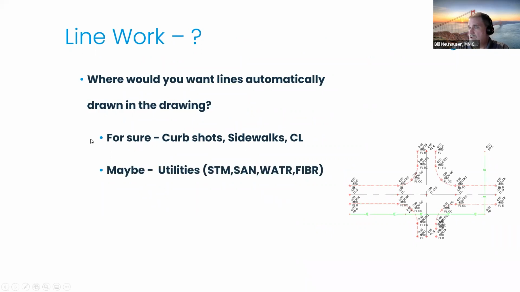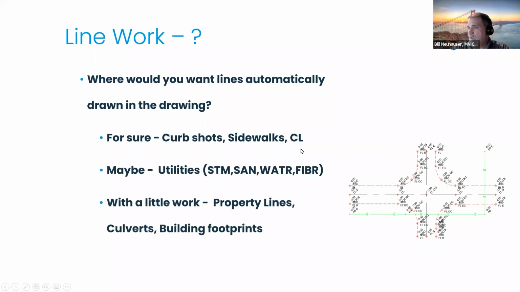So you see here, for sure, it's going to be curb shots, sidewalks, center lines, maybe utilities, sanitary, storm, fiber optics, that type of thing. With a little work, we can do these extra things here: property lines, culverts, building footprints. Don't see that too much anymore, building footprints, mostly because we have such easy access to aerial photos. We can usually get that stuff off the aerials. So it's not that big a thing.